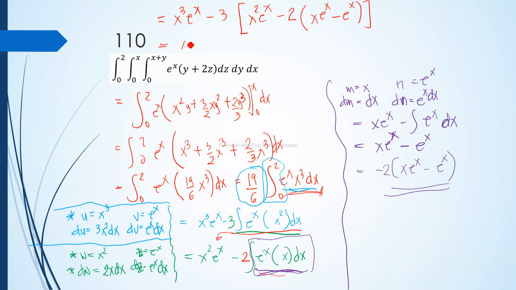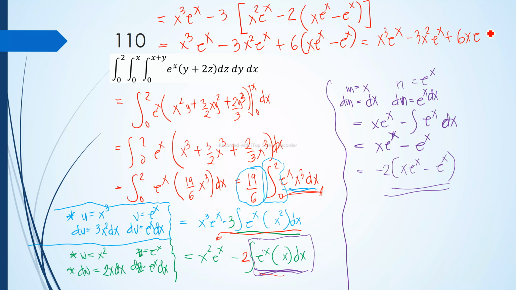Okay, we have the x cubed e to the x minus 3x squared e to the x plus 6 times x e to the x minus e to the x. Further, we have the x cubed e to the x minus 3x squared e to the x plus 6x e to the x minus 6 e to the x.